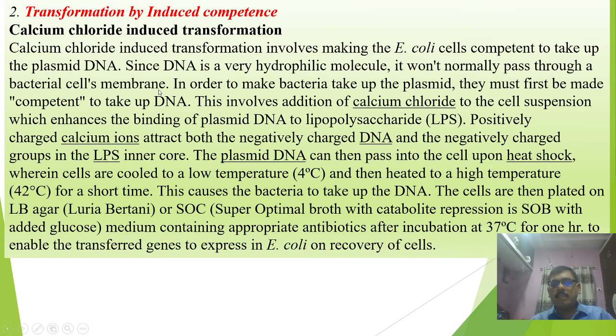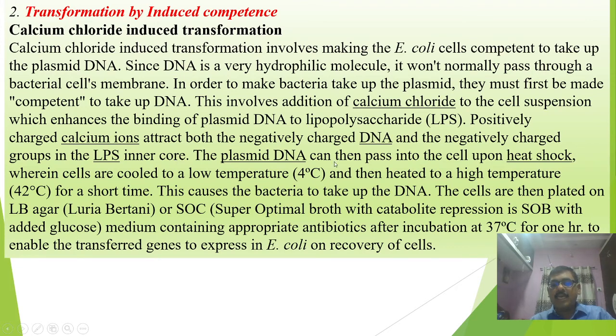In order to make the bacteria take the plasmid, they must first be made competent to take the DNA molecule, and this involves the addition of calcium chloride to the cell suspension, which enhances the binding of plasmid DNA to the lipopolysaccharide of the bacterial cell. Positively charged calcium ions attract both negatively charged DNA and negatively charged groups in the lipopolysaccharide inner core.